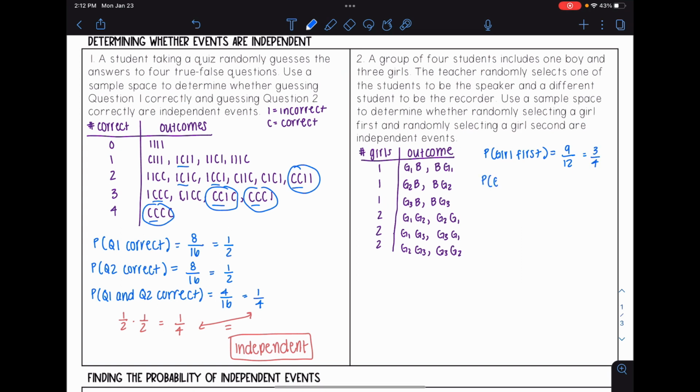Then I want to find the probability of the girl second. And I find that's going to be the same thing. Then I want to find the probability of girl first and second.